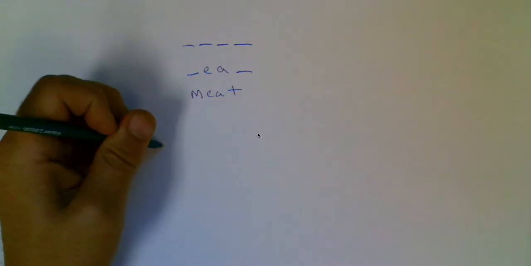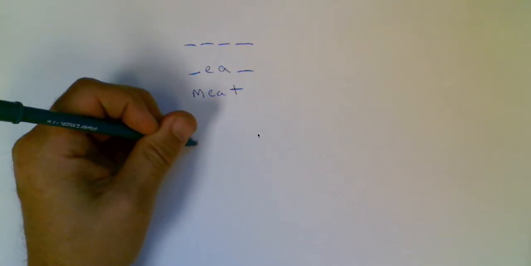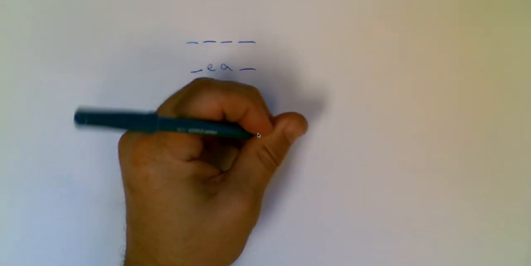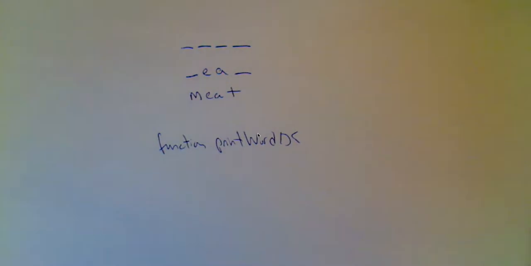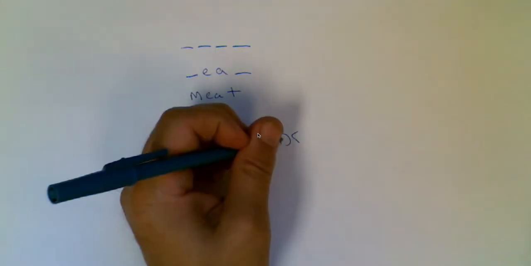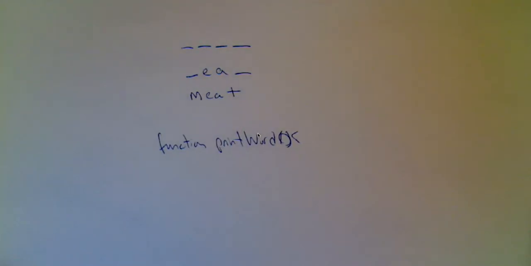So you need to run this every time there's a guess. So you need to make your printWord function. Sorry, that's not very clear, but you see what I'm doing.